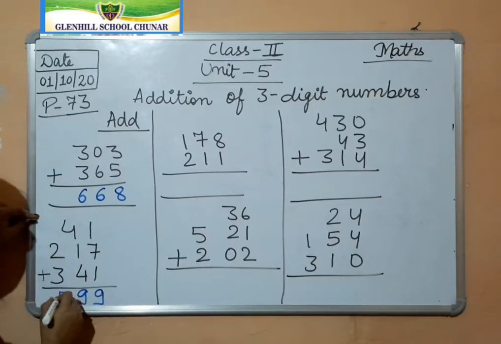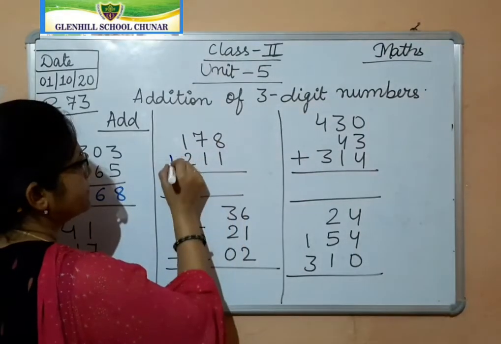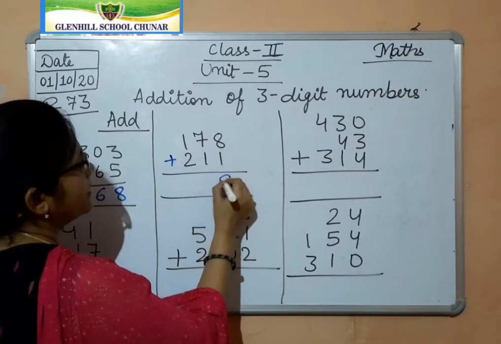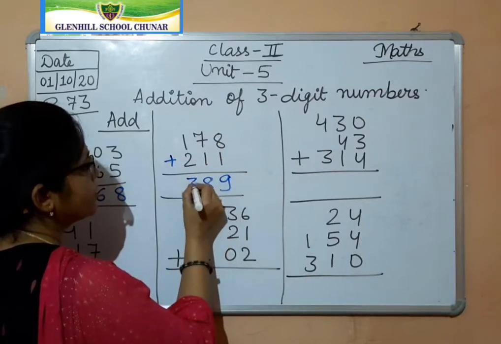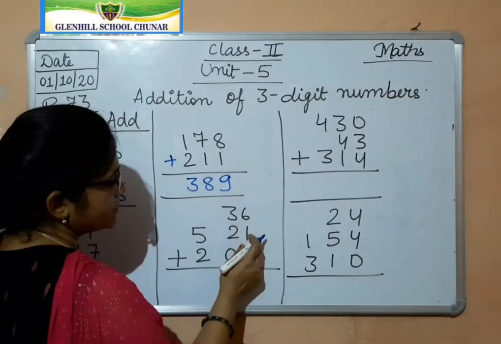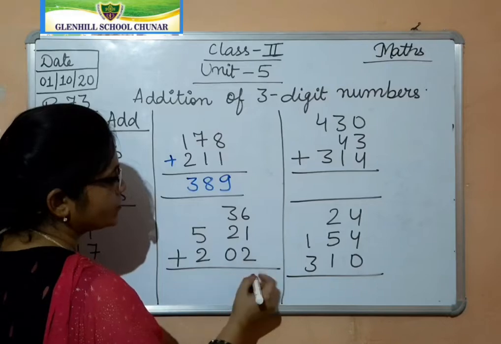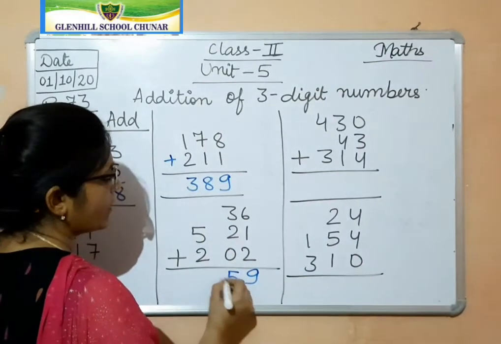And here it is 5, okay. Now 8 plus 1, 9, 7 plus 1, 8, 1 plus 2 is 3.